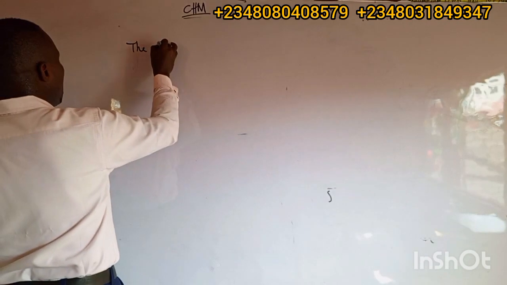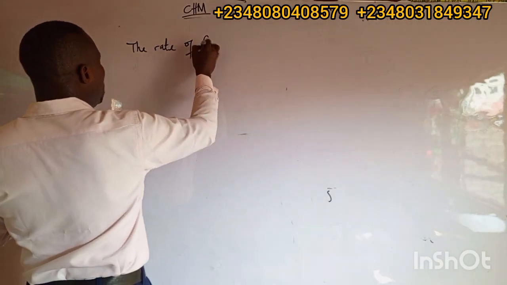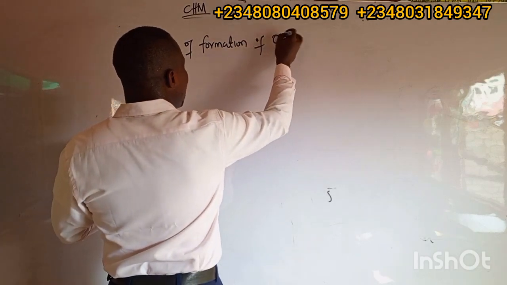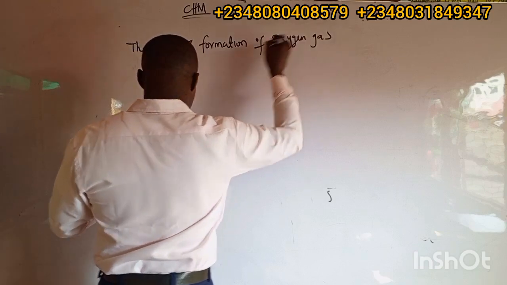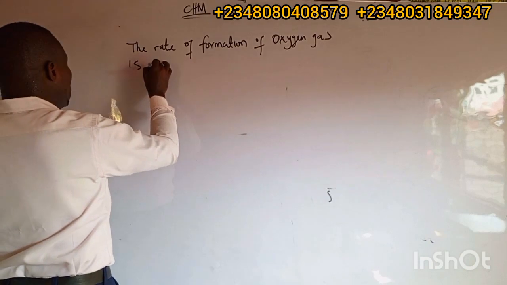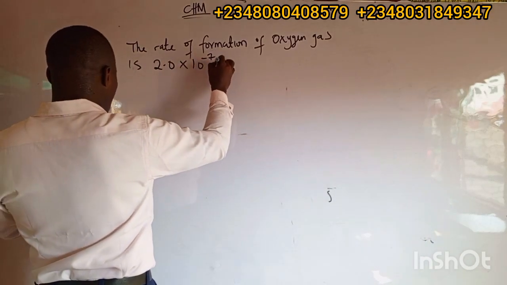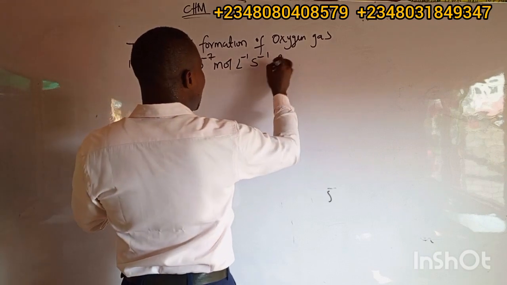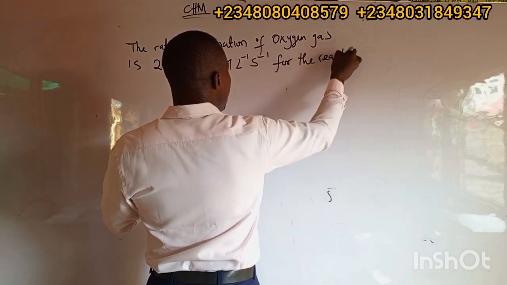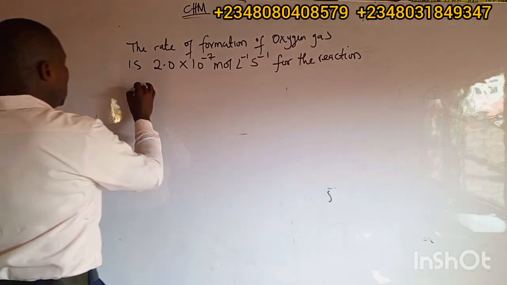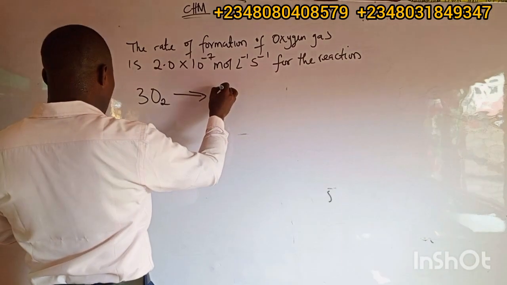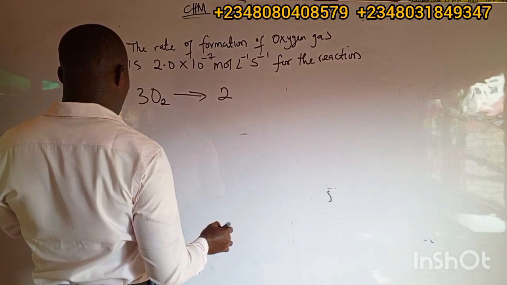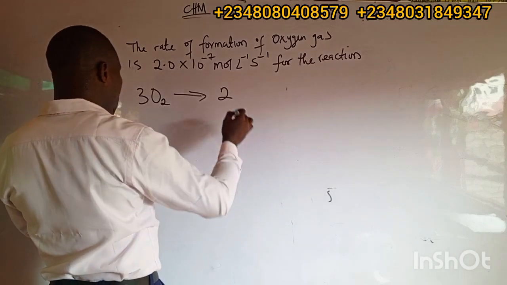The rate of formation of oxygen gas is 2.0 times 10 raised to the power minus 7 mole per liter per second, for the reaction 3 moles of oxygen to give 2 moles of ozone.